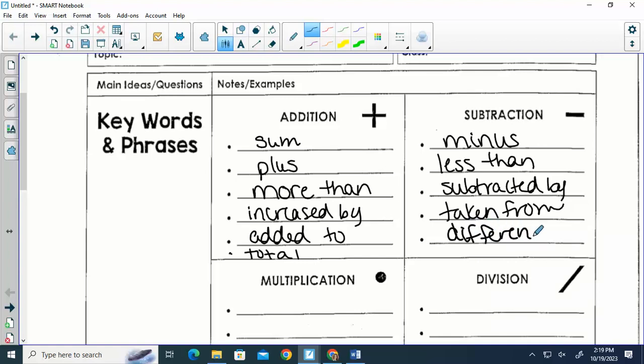That's another common one. Decreased by might be one. So we certainly don't have them all, but we've got a lot up here that might be telling us we need to subtract.